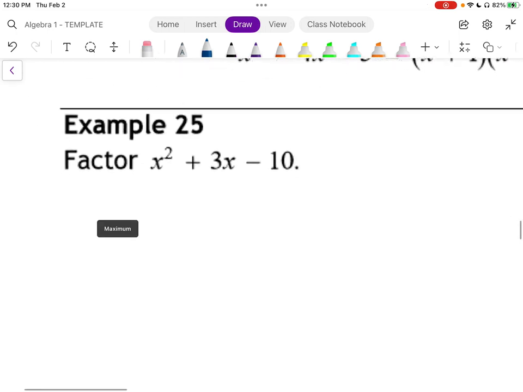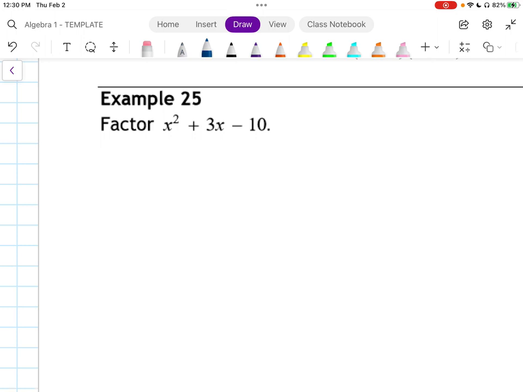Let's look at this in example 25. Now again, we said we want to multiply to be the last piece. So multiply to be negative 10 and add to be 3. So this is the way that I approach the problems. I think about doing a little bitty factor tree right there.